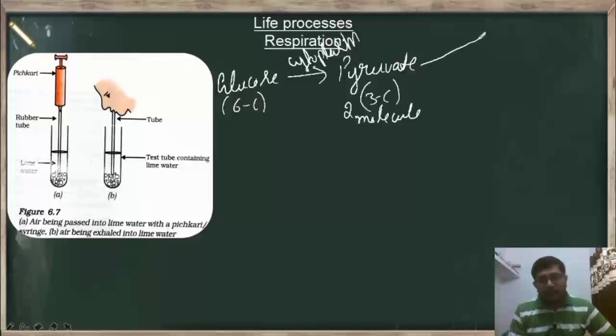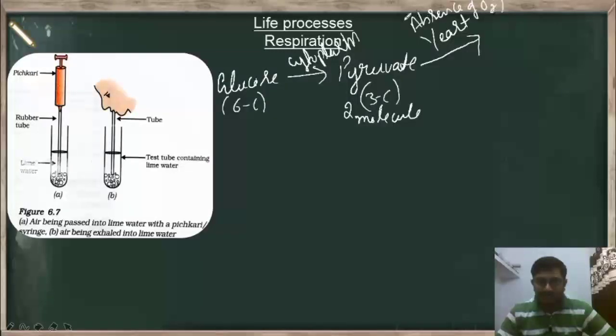In case of anaerobic organisms, for example, in the previous activity we studied yeast. In case of yeast, which kind of respiration is it? It is anaerobic respiration. That means complete absence of oxygen, right? So it is called anaerobic respiration.